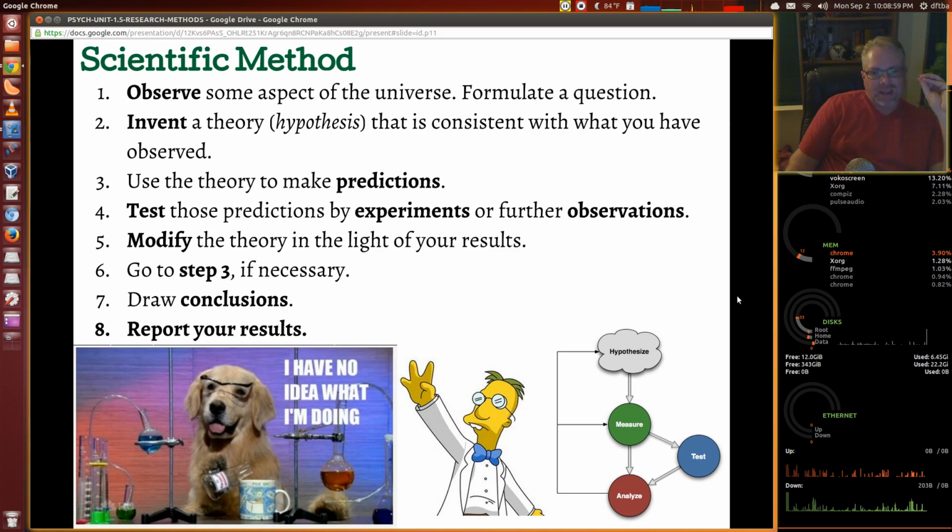Because sometimes there might be a confounding variable or something that enters into play which can make your findings seem correct at first glance, but there might be a deeper reason why they're not. So that modification is more along the lines of adjusting the experiment to get a more correct result.